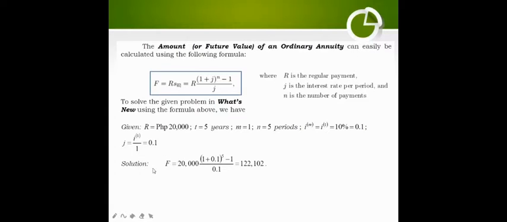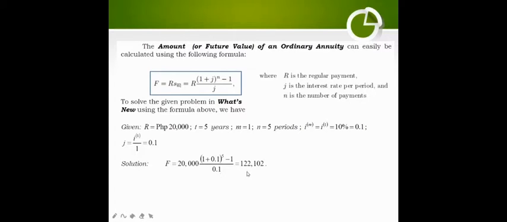Okay, the solution. The future value is equivalent to our R, the regular payment, 20,000 times 1 plus our i, which is 0.1, raised to 5 minus 1, all over 0.1.